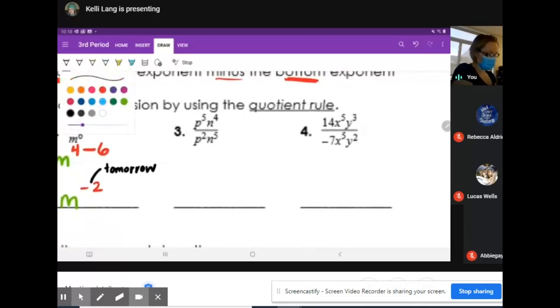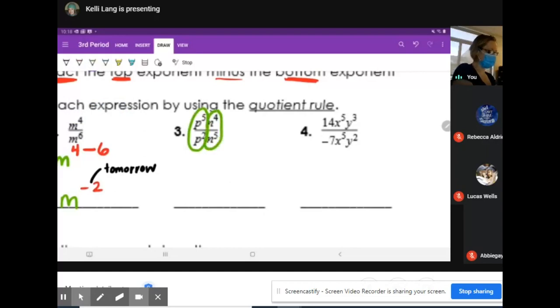So in our next example, we have multiple bases floating around. Notice that these bases match, my p to the 5th and p squared. And then these 2 bases match, the n to the 4th and the n to the 5th. So I'm going to have to basically treat this like 2 separate problems, 2 separate calculations.